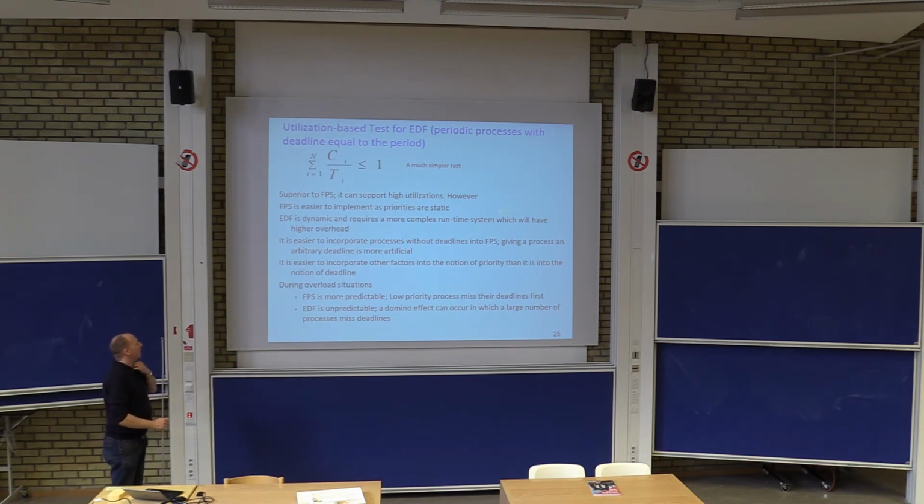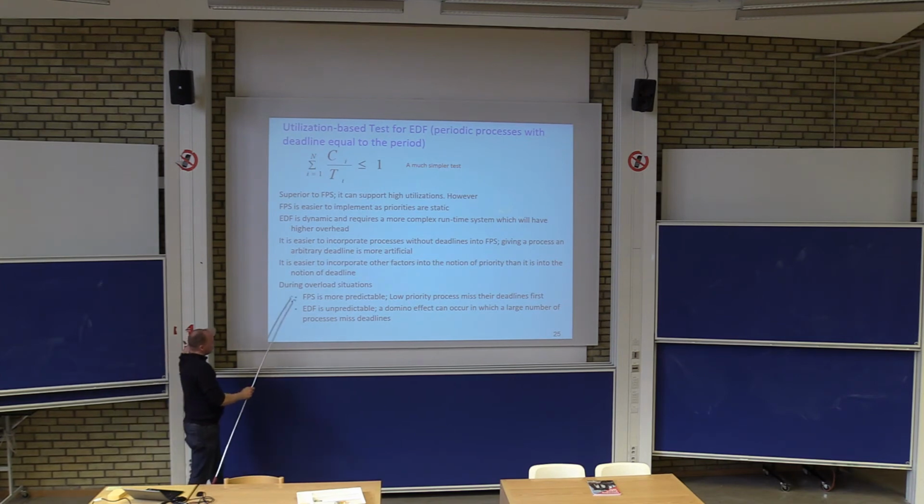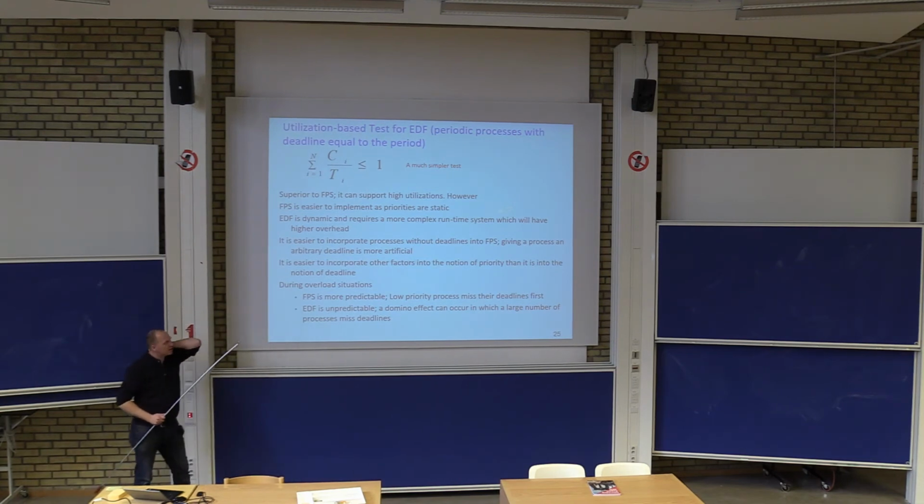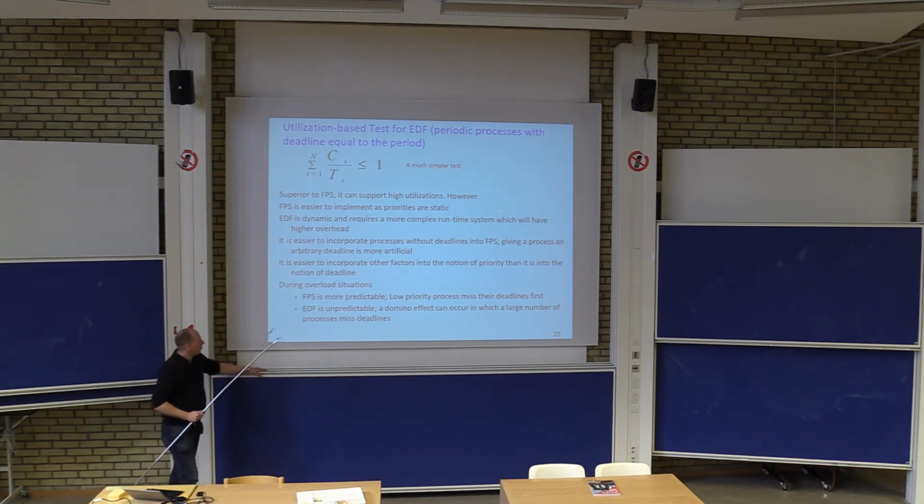A drawback with this is that if you run into situations where you can't meet the deadlines, then the fixed priority scheduling is a little bit more predictable, in the sense that the operating system will always follow these priorities. So higher priorities will always execute before lower priority tasks.